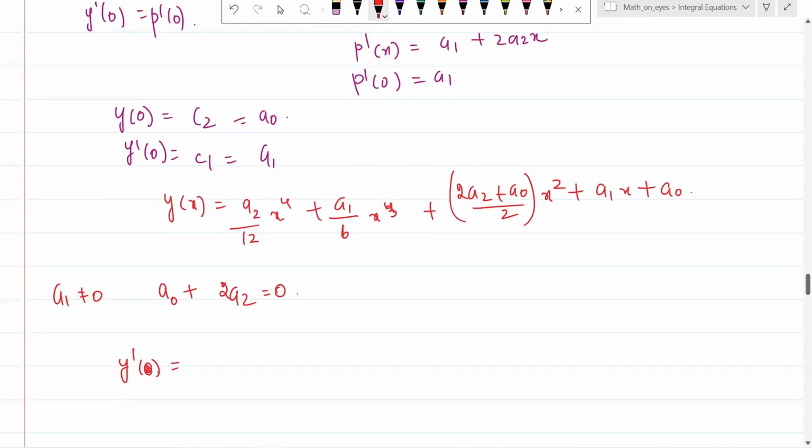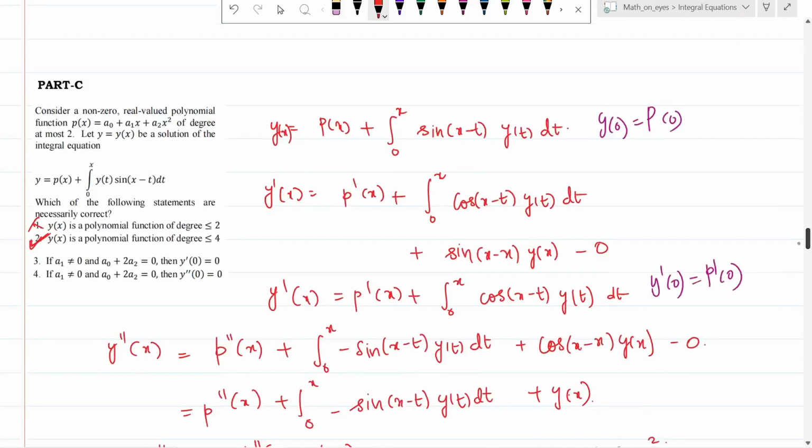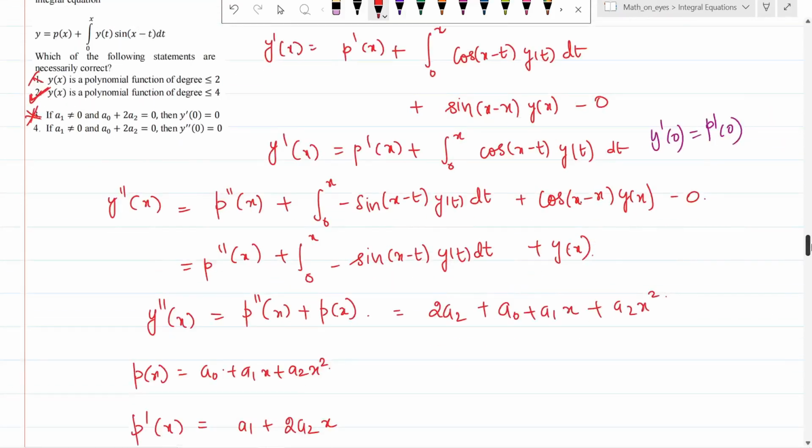So y dash of 0 will be equal to a1, and given a1 not equal to 0, it can never be equal to 0. But option 3 says that it is equal to 0, so the third option is wrong.